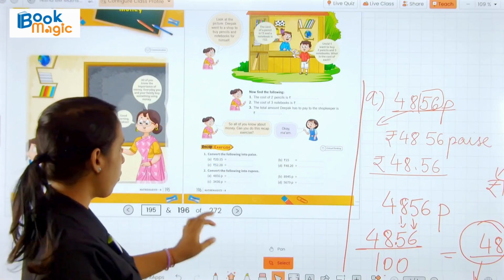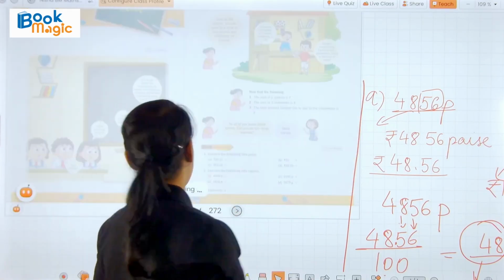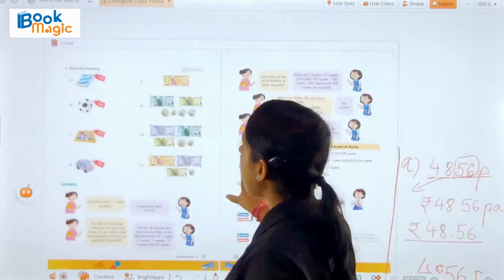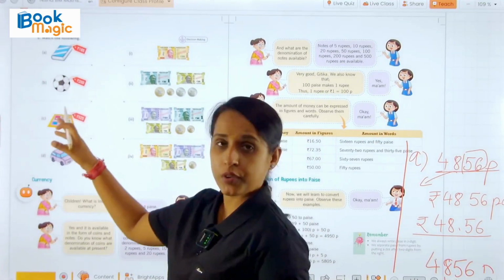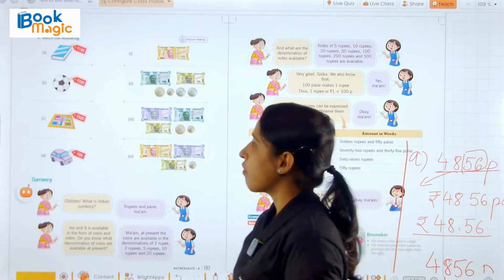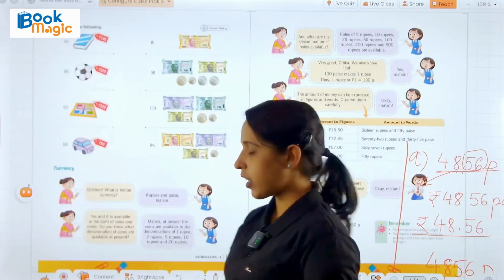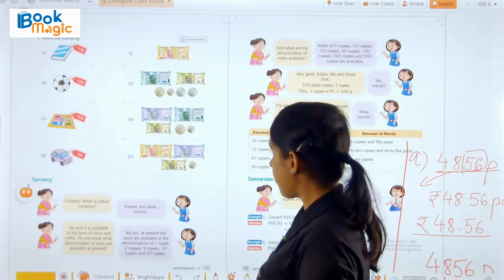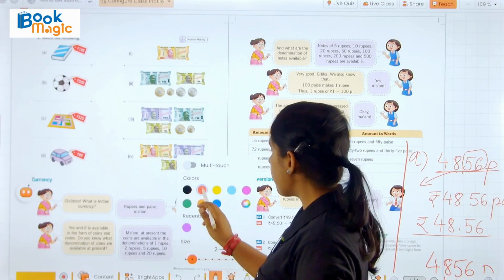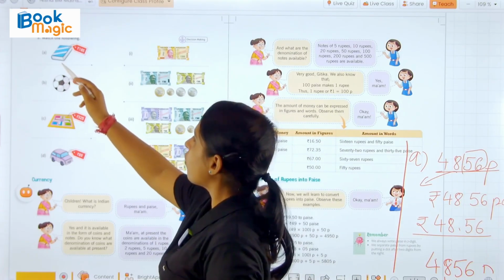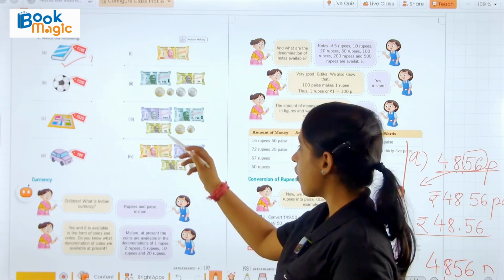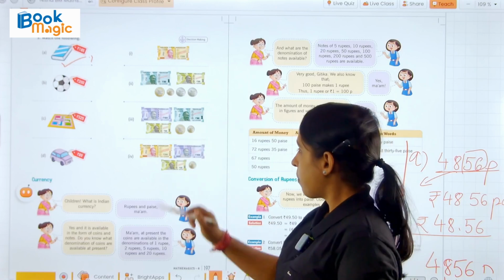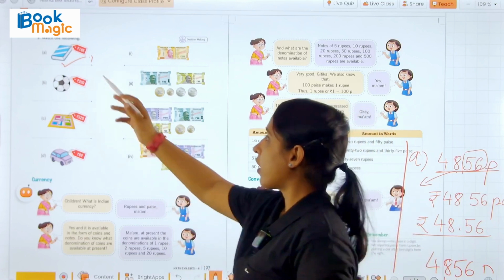Next we will move to the next question. Here we have some objects and their costs, and we have money, and we have to match these objects to the money. So let's see here. The cost of the notebook is 185 rupees, and we have to find the money that equals 185 rupees.